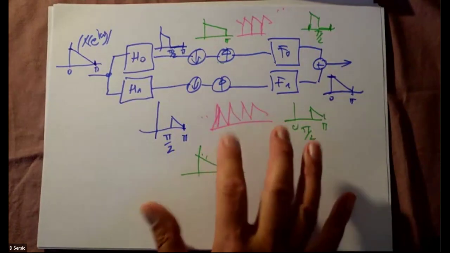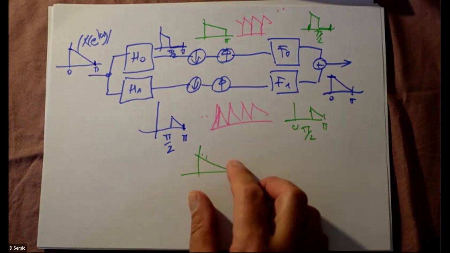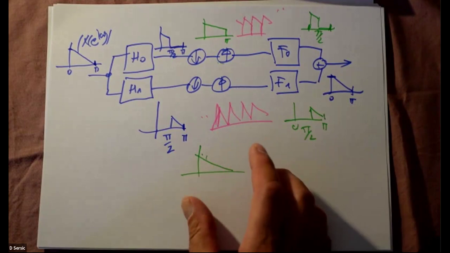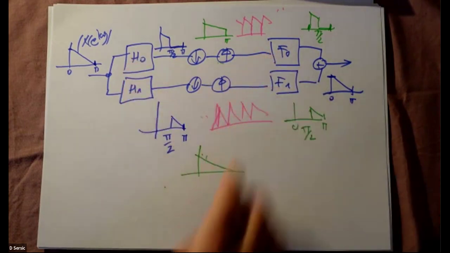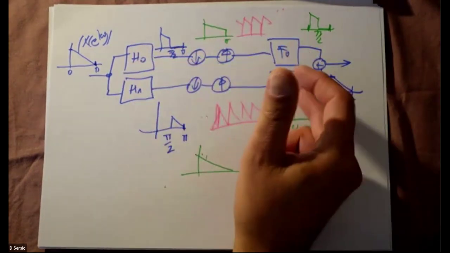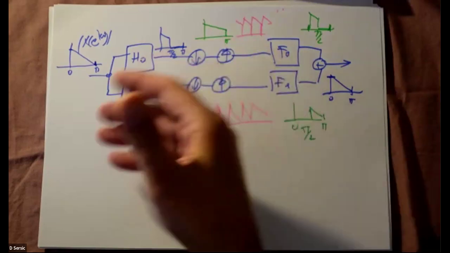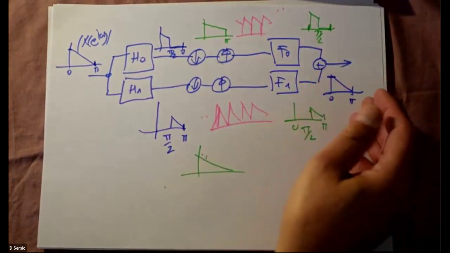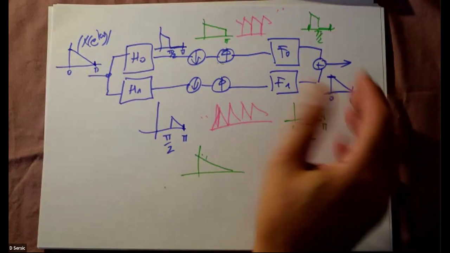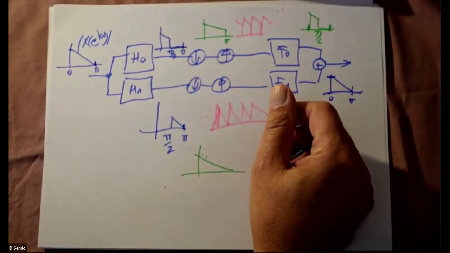But we said that it was not easy to have ideal filters. They have infinite impulse response. In practice, we can only approximate the ideal filters. So if these two are not ideal, but some real filters, maybe we will not have perfect reconstruction, but it could be an approximate reconstruction.